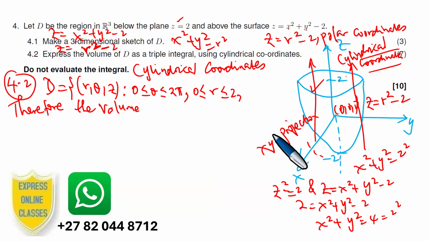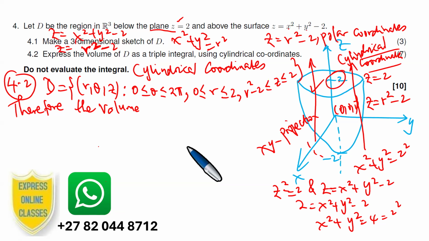Z is going to stop at the top point, which is z equals 2, the plane z equals 2, which is the cover of this paraboloid. So z at any point is r squared minus 2 less than or equal to z, but the highest point of z is z equals 2, which is the top part of the plane.